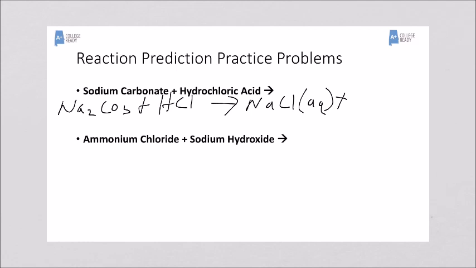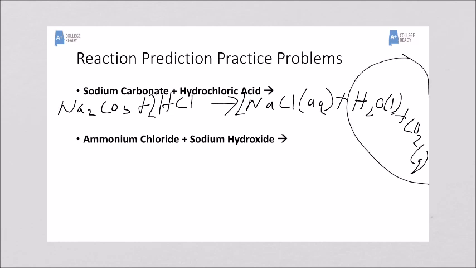Remember, carbonic acid is very unstable and quickly breaks apart to yield water, a liquid, plus carbon dioxide, which is a gas. You need to balance it. To balance it, you put a 2 in front of the NaCl and a 2 in front of the HCl. So this is a double replacement reaction. It does occur because of the products, one's a liquid, one's a gas.